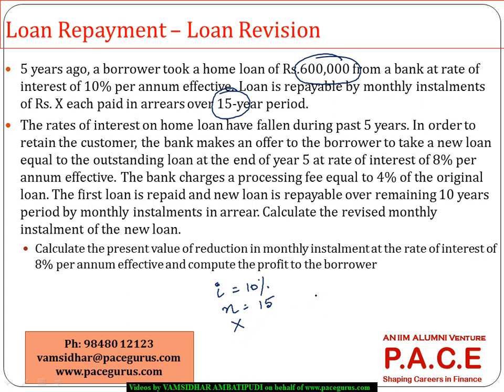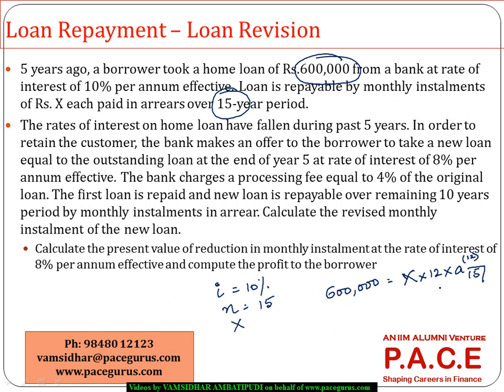So the typical equation would have been the present value 600,000 is equal to X, whatever is the amount that needs to be paid per month. The monthly installment is X, so I multiply it by 12 to get the annual installment, paid over a 15-year period in arrears, but on a monthly basis.